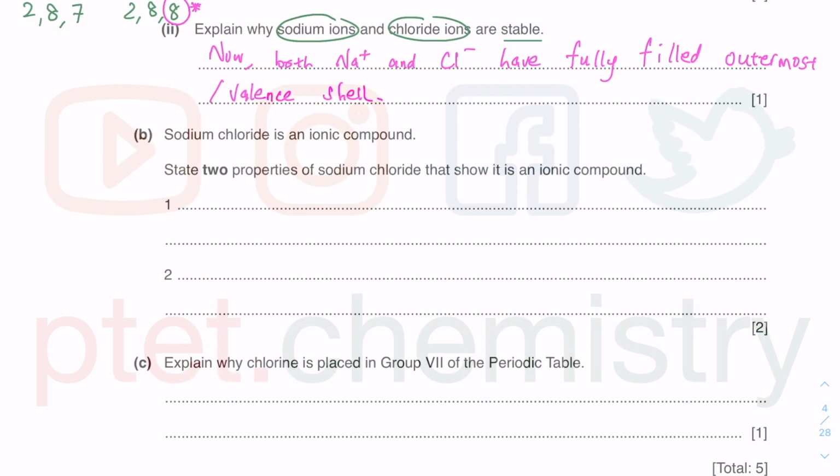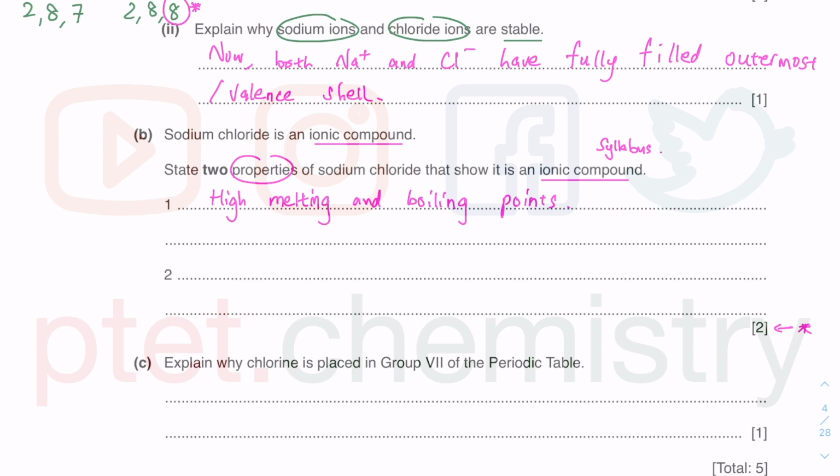Next one is a structure question for 2 marks. You really must know the properties of ionic compounds. These are in the syllabus. They say candidates, all-level combined science students should be able to state 2 properties of ionic compounds, and one of them will be high melting and boiling point, because you are breaking strong ionic bonds. But they are not asking for a reason, they are asking for stating, so you don't need to explain because it's only 1 mark for this.